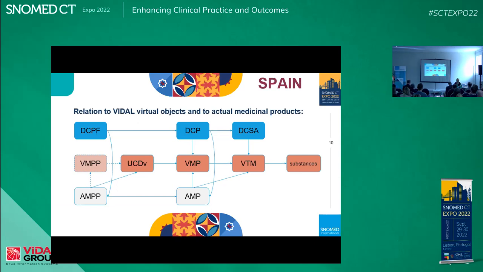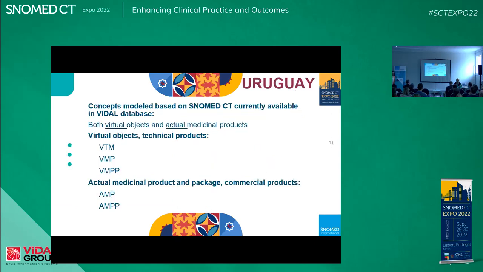So the DCPF is related to the AMPP, and the DCP is related to the AMP. And at the same time, they are related to VIDAL virtual objects. That would be, in this case, the DCP is mapped to the VMP, and the DCSA is mapped to our VTM. The UCDB is another concept that means common dispensing unit, so it's the smallest unit that can be dispensed, and AMPPs are related to this concept too.